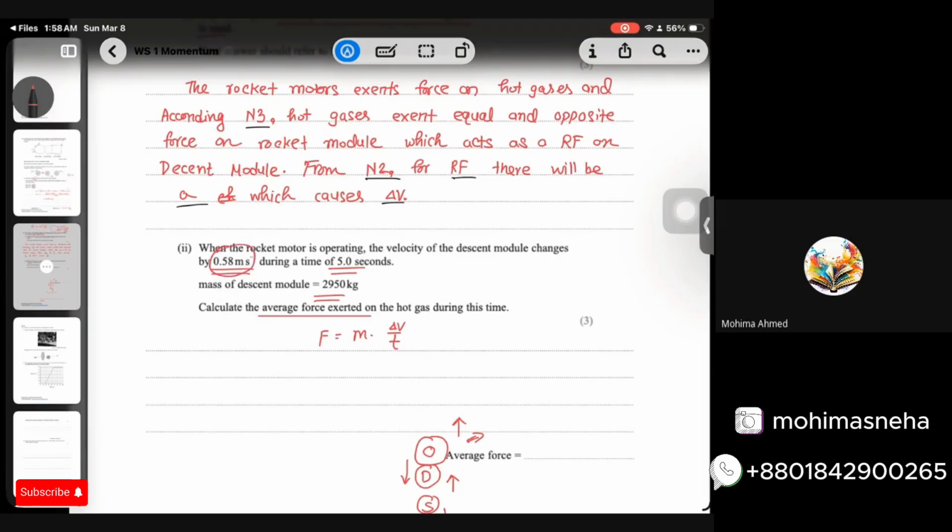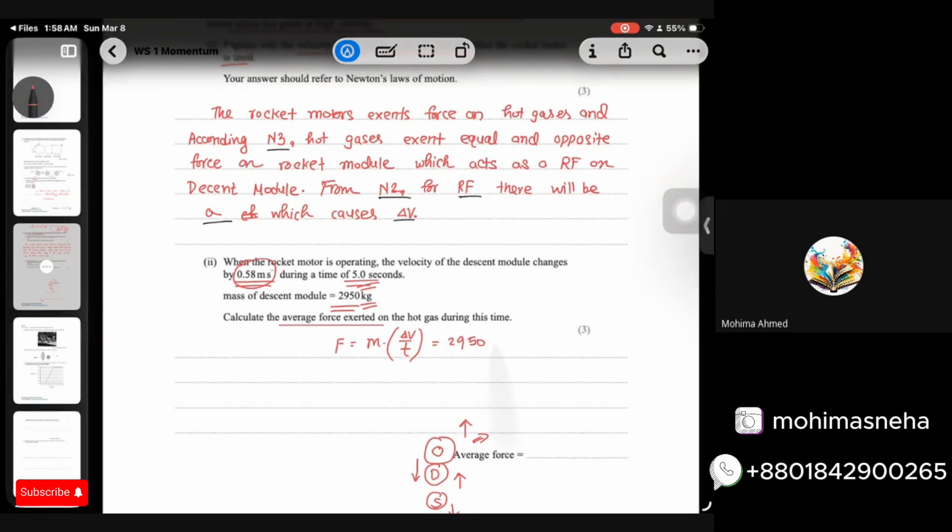This was your delta v, this was your time, this was your mass. Same process, you are eventually going to get the same answer, but this would have been a less time-consuming process. Is this clear? Yes, teacher. Okay, now we get 342 newtons. That's fine. We're going to write this in the given space.